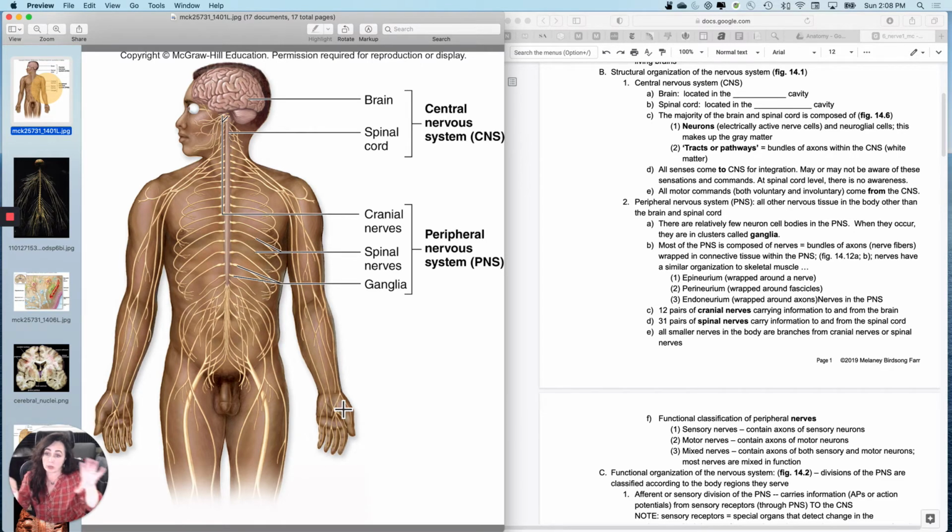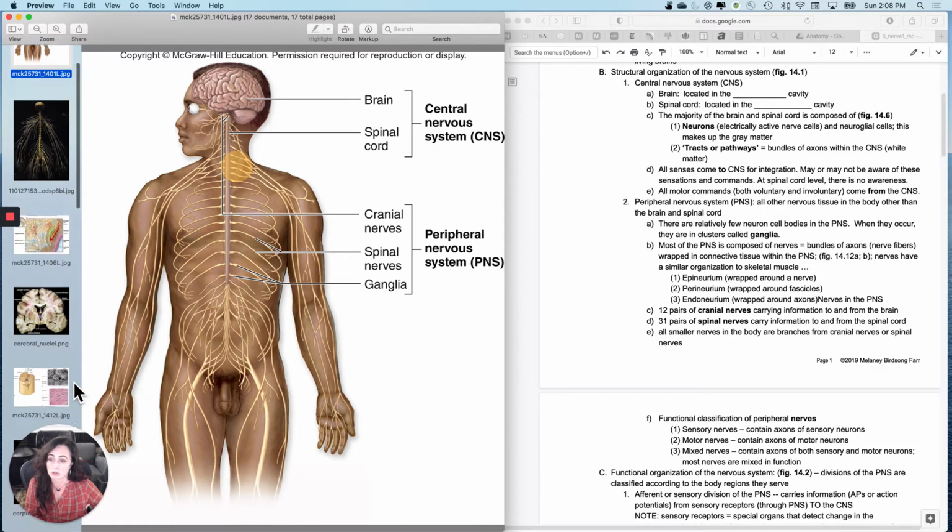So what is going to and from sensory receptors and to and from muscles and to and from glands, it's primarily just wiring. So there are very few neuron cell bodies in the PNS. When they exist, they make these little lumps, and you can see the lumps right here. They're called ganglia. But most of the peripheral nervous system is just these, which is what we call nerves.